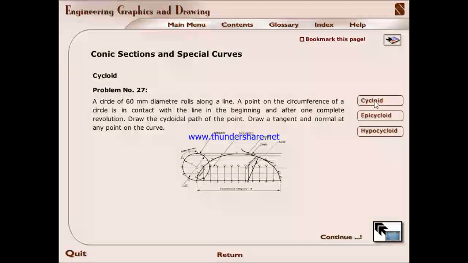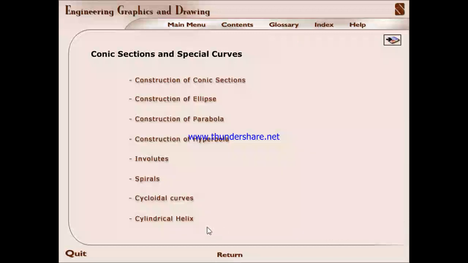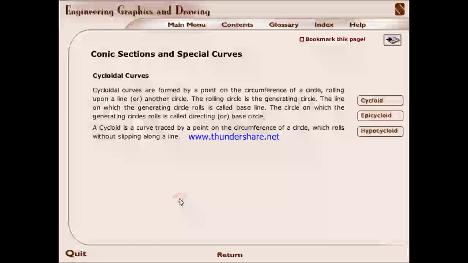In this cycloid, once again define the cycloid. Cycloidal curves are formed by a point on the circumference of a circle rolling upon a line or another circle. The rolling circle is the generating circle.